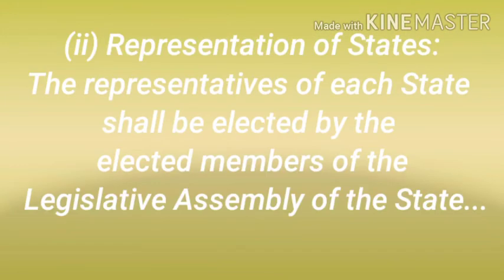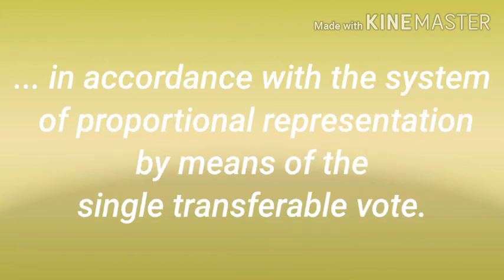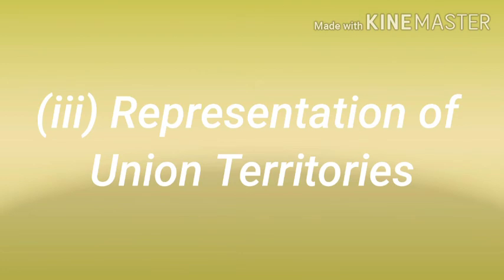The next area is the representation of states. The representatives of each state shall be elected by the elected members of the Legislative Assembly of the state, in accordance with the system of proportional representation by means of the single transferable vote. Third, the representation of Union territories.